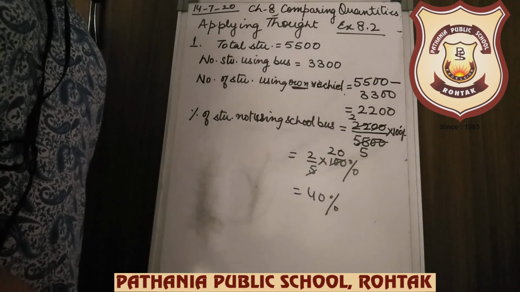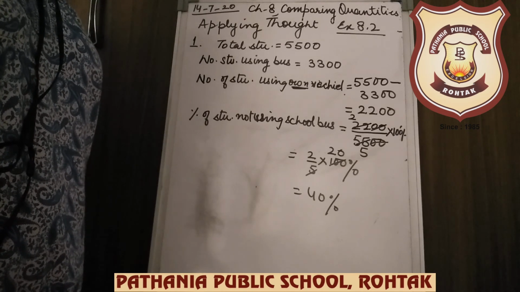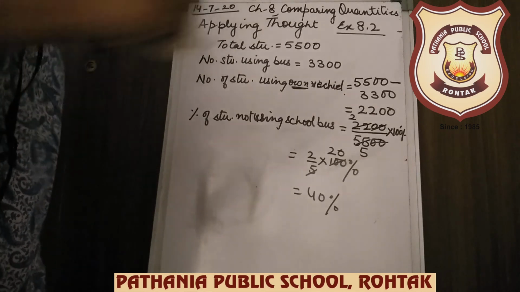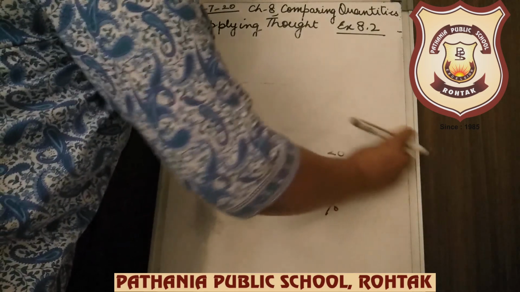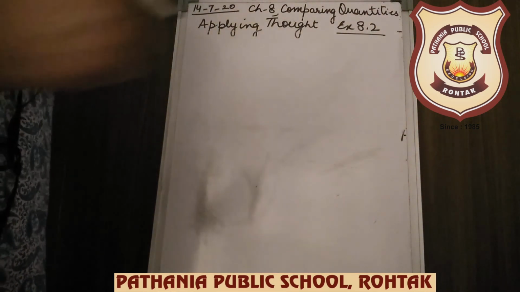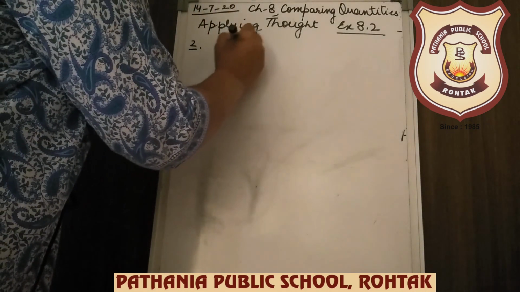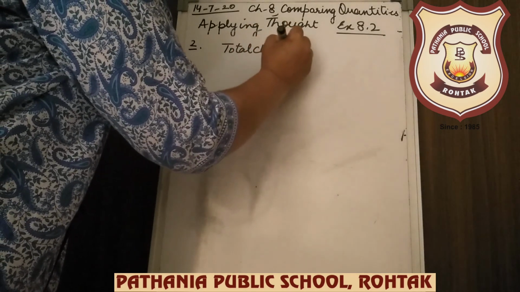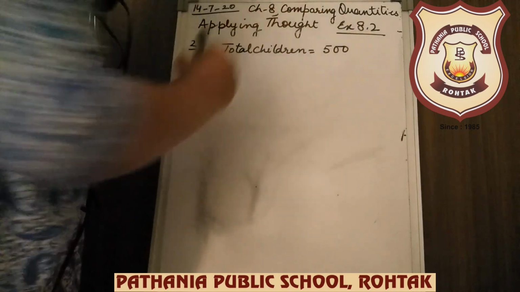A survey was taken among 500 children about their favorite food. So a survey was conducted, and how many children were there? Total children is equal to 500.